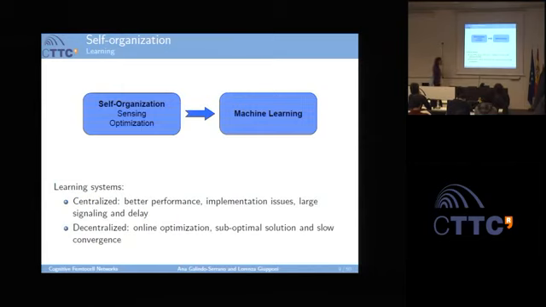So the decentralized system will solve all these issues of the centralized system, and besides it will allow online optimization, which is very good because it will be able to learn online. But the problem is that this type of learning is still a hot topic in the artificial intelligence and machine learning communities, because there is no proof of an optimal solution.